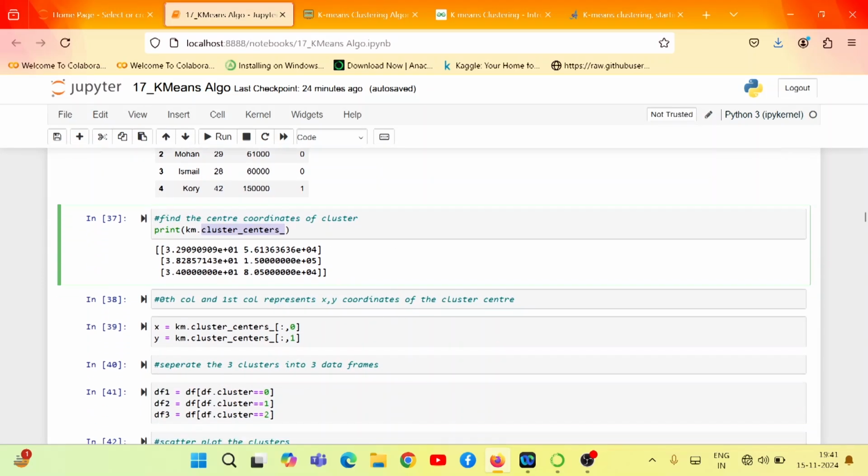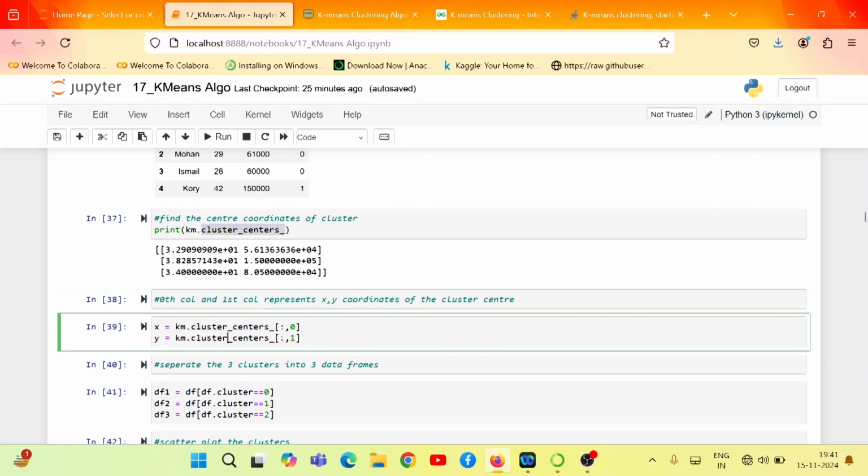Since we have figured out that there are 3 clusters, we have 3 pairs of coordinates. The 0th column represents the x coordinate and the first column represents the y coordinate of the 3 centers. We can also represent these points like this.